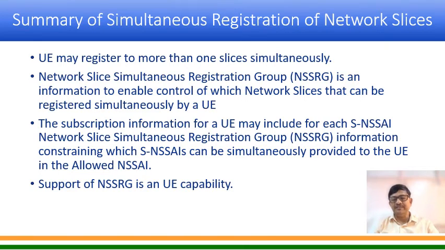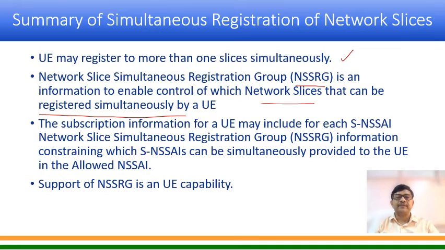So let us summarize. The UE may register to more than one slice simultaneously. The network slice simultaneous registration group, NSSRG, is information to enable control of which network slices can be registered simultaneously. That means it contains the list of slices for a particular UE that you can simultaneously register to.